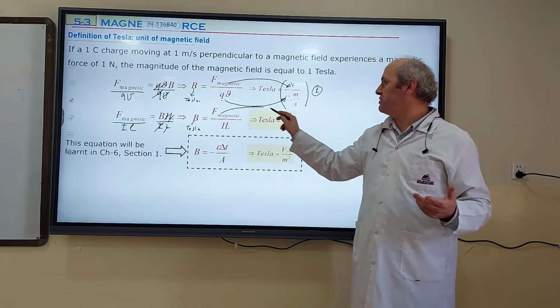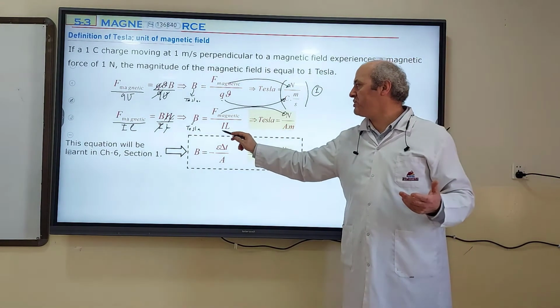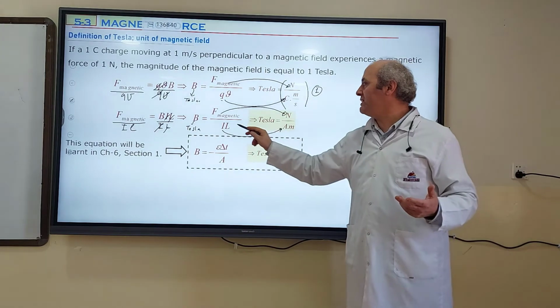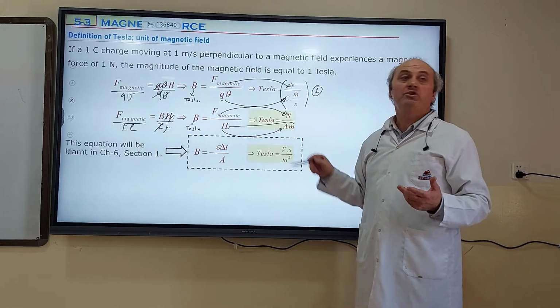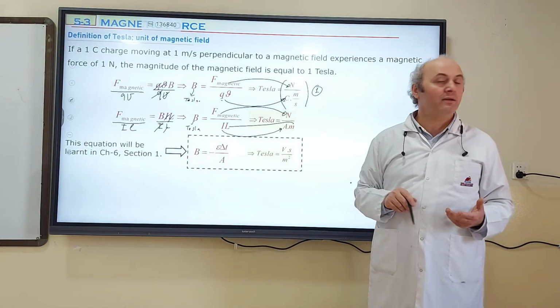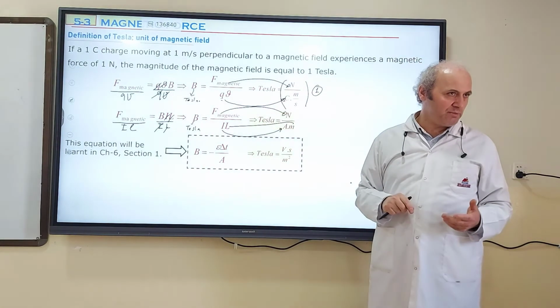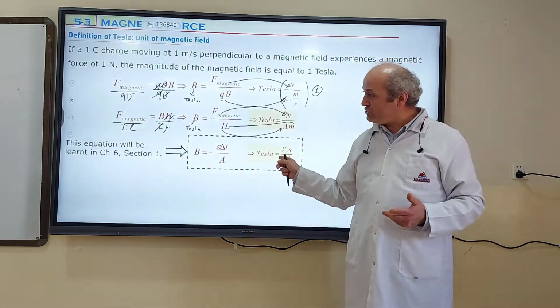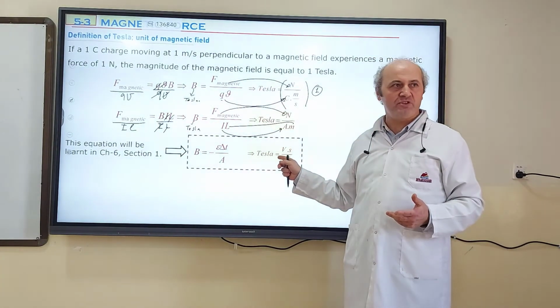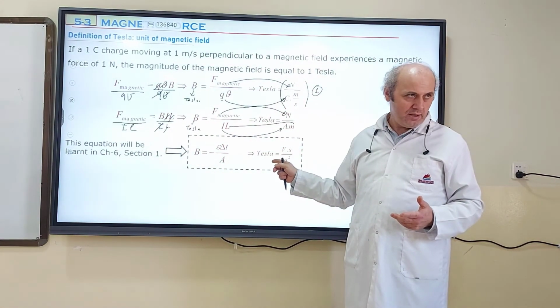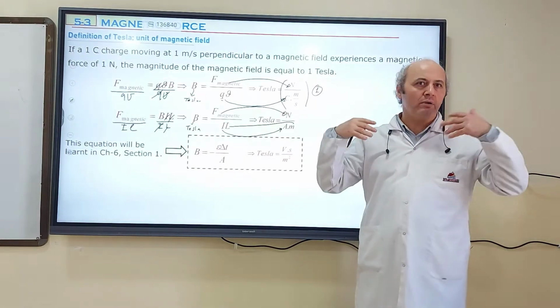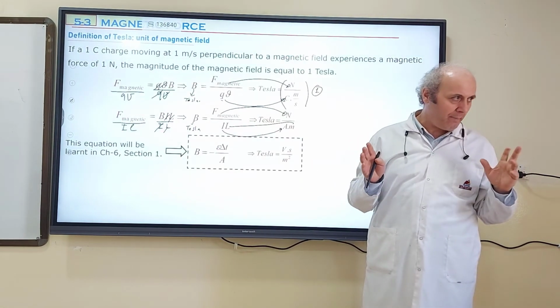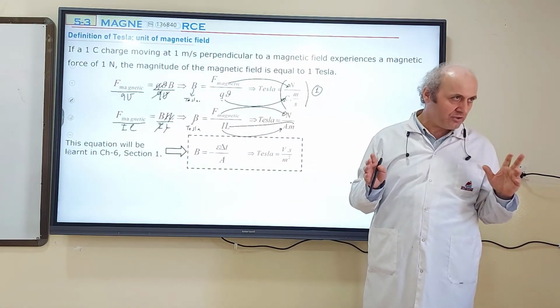What is the force unit? Newton. What is the electric current unit? Ampere. What is the length unit? Meter. So 1 Tesla is equal to 1 Newton divided by ampere times meter. There is one more, but this is going to be explained much easier when we study chapter 6, section 1. One of them is this, but there's a long way if you know some information from 11th grade.